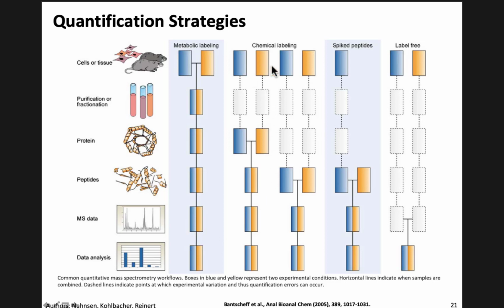Whereas chemical labeling would start later on, because you would only introduce it at the level of the peptides usually. So whatever happens here, you would not capture in those. And label-free basically does nothing to the sample, and that means you will have to figure out what happened in between using statistical means. And that is why this data analysis becomes a bit harder.